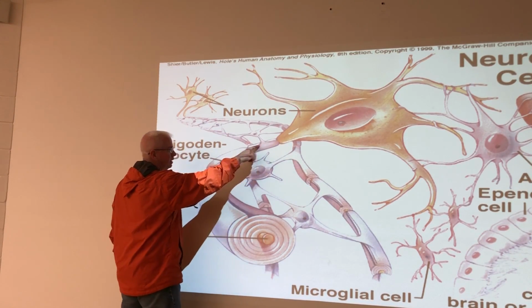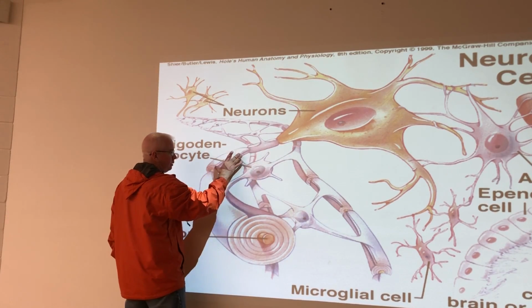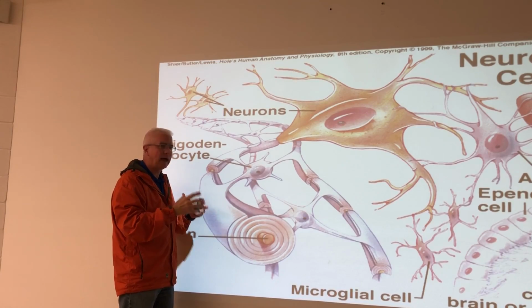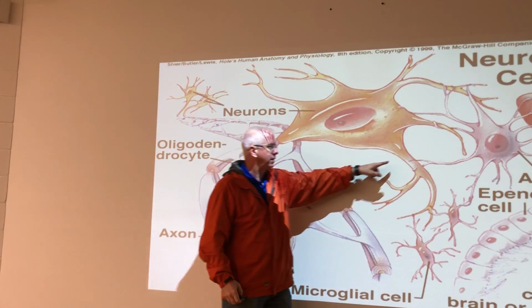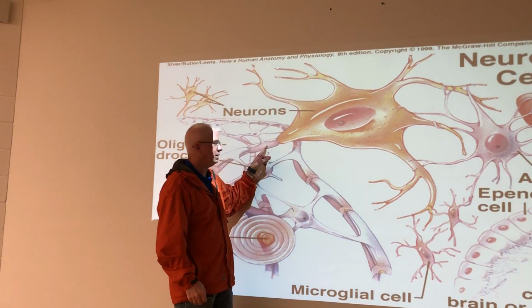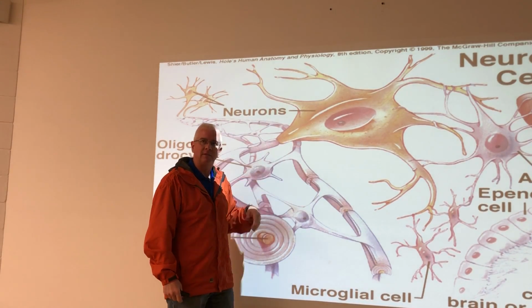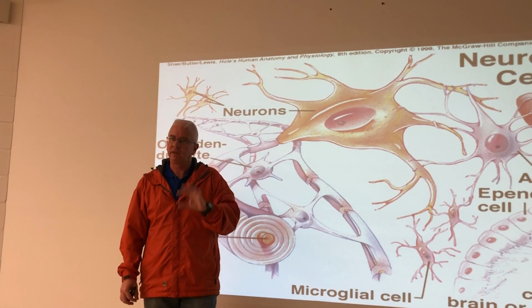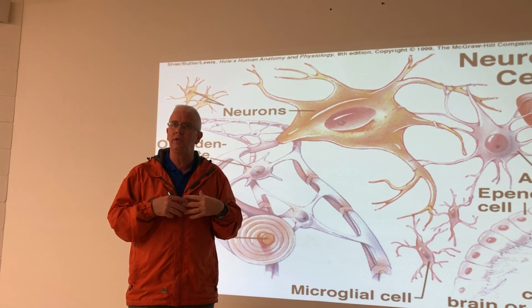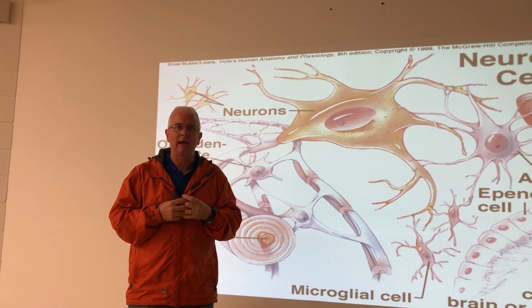Here's the axon of this cell. You can see this substance is actually covering the axon. The axon should look like that, right? It should have that kind of appearance to it, but it's covered with this stuff. This is called myelin, and there are cells, as we will show you, in the central and peripheral nervous system that do this. They cover the axons.